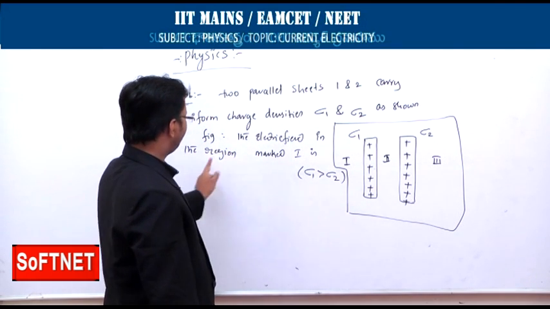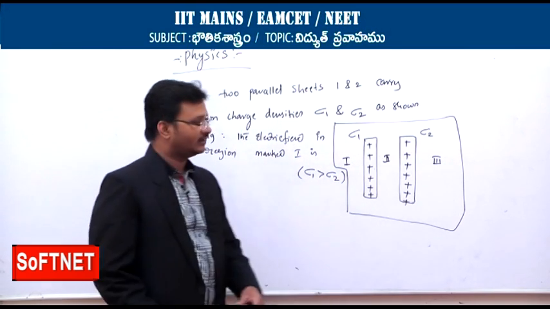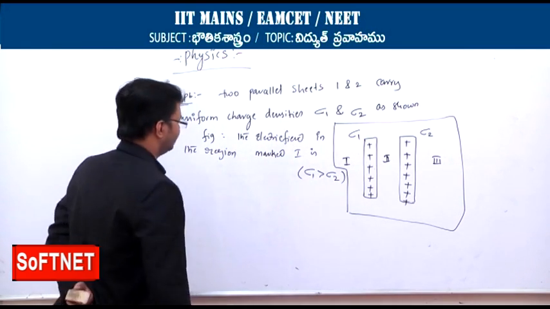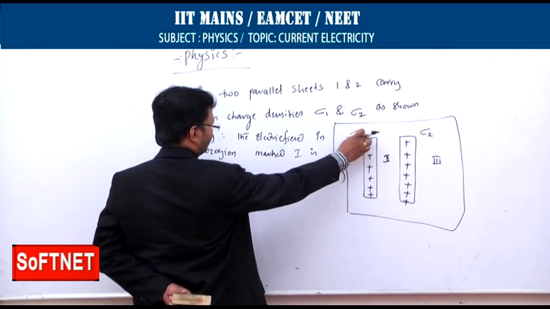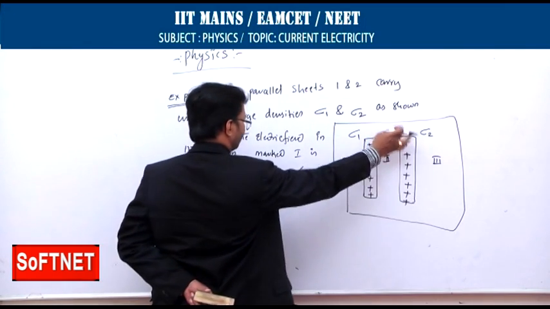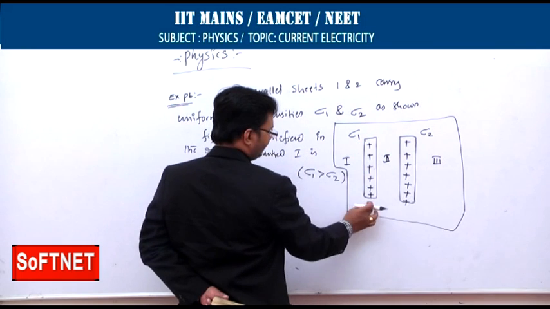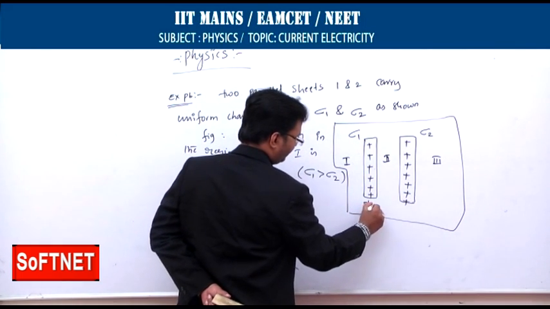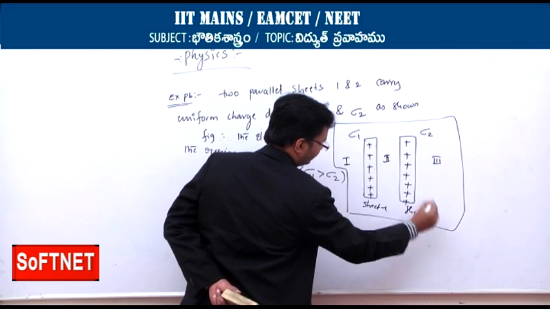The electric field in the region marked 1. At this point they are asking the electric field. This we already discussed: sigma 1 greater than sigma 2, the surface charge density of this one is greater than this one. Now, this is sheet 1, this is sheet 2.